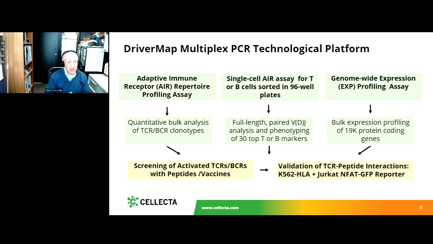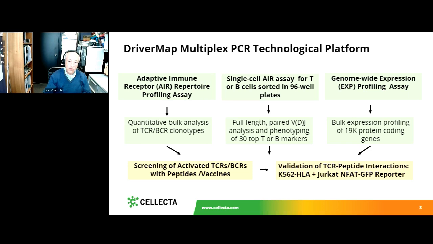And we use clonotypes with the name of a specific CDR3 sequence, which corresponds to a specific clone of B cells or T cells. We are also going to talk slightly about the single cell AIR assay for T and B cells sorted in 96-well plates, which allows getting full-length chain pairing information for immune receptors, which is necessary for understanding their function and studying their properties. And top biomarkers, about 30 markers for T and B cells.